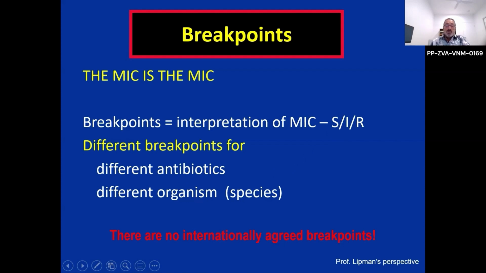So there you saw 3 different breakpoints for various organisms against the antibiotic. And then it becomes more complicated because there are no internationally agreed breakpoints yet, although I know the microbiologists and ID physicians are trying to collaborate and create international breakpoints.